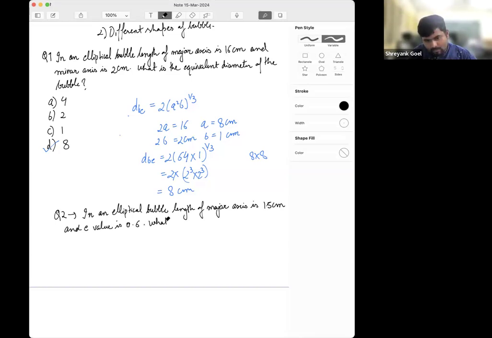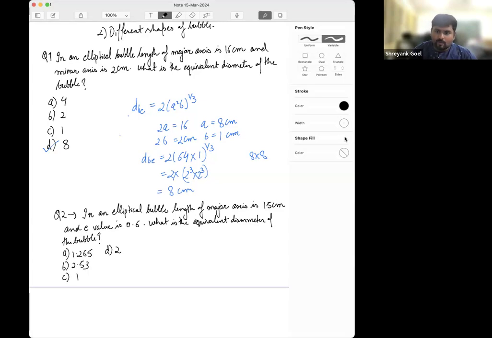What is the equivalent diameter of the bubble? Options are 1.265, 2.53, 1, and D is 2.